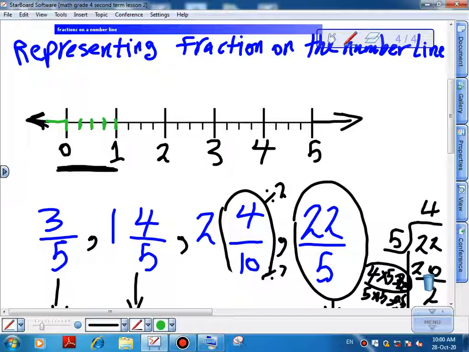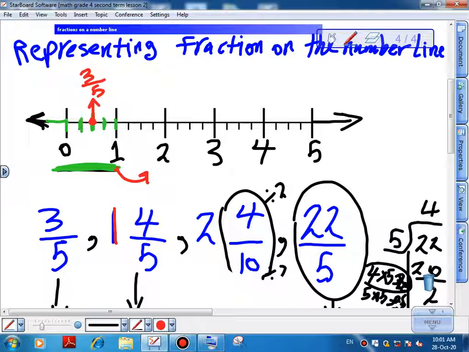3 over 5 is a proper fraction, so it is smaller than 1. It will still be in this space. 1, 2, 3. 3 over 5 will be at this point, like this. The next one, 1 and 4 over 5. 1 and 4 over 5 is a mixed number. 1 is the whole number, so 4 over 5 will be after 1, here after 1.